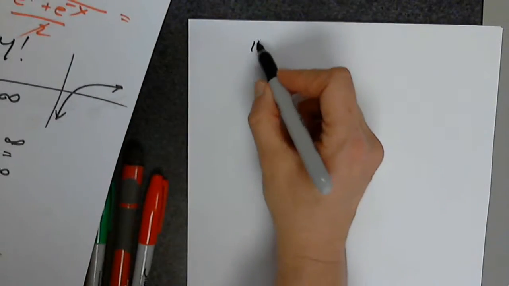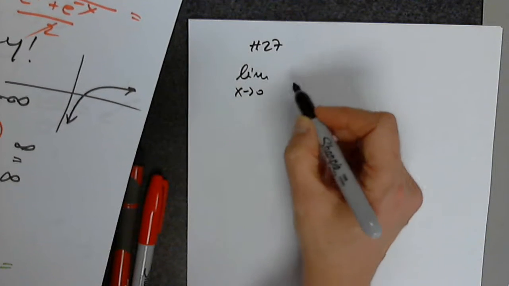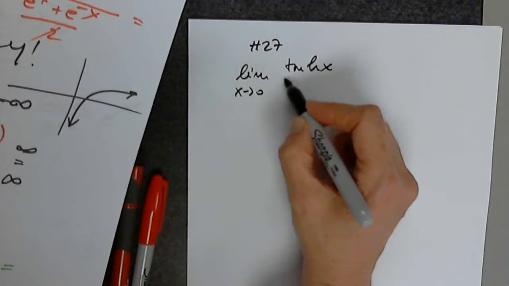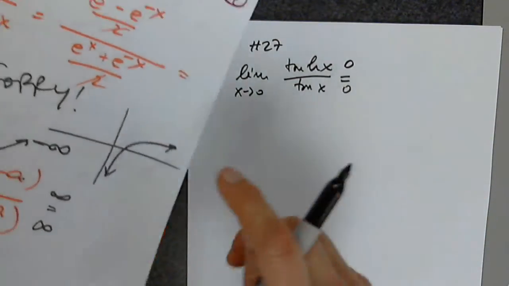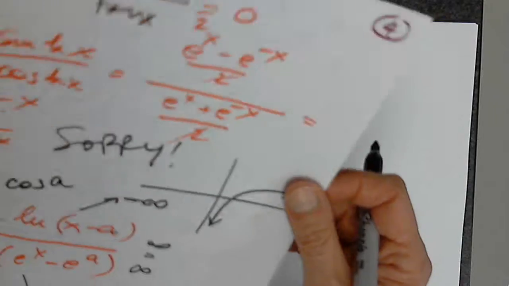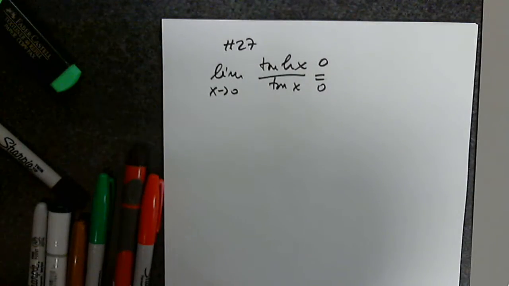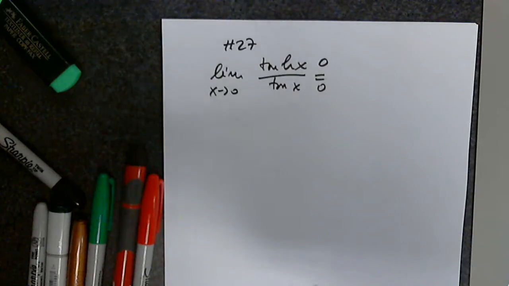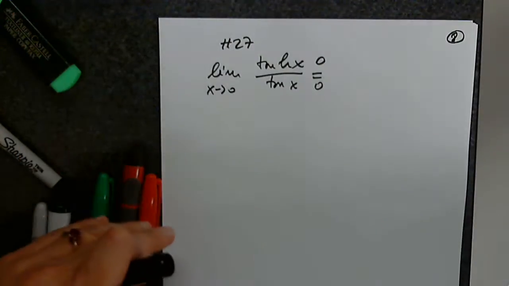Yes, I have to do that again. 27. So limit as x approaches 0 of hyperbolic tangent over tangent x. So this is indeed 0 over 0. Thank you. Sorry about that, my mistake. With all my colors, I didn't see colors anymore.